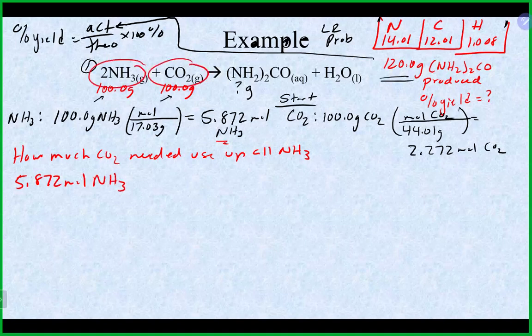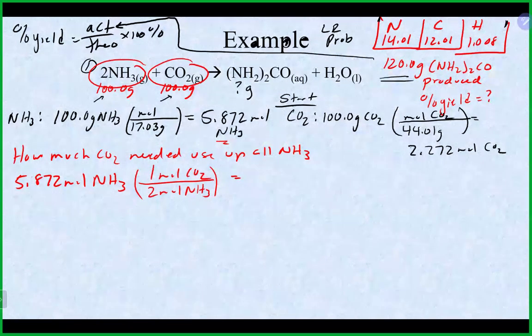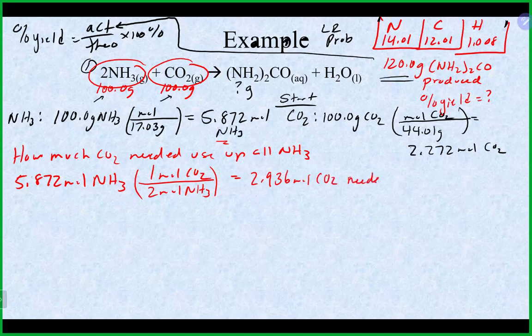From the equation, it's 2 moles of NH3 to 1 mole of CO2. That's going to tell me 5.872 divided by 2, about 2.936 moles of CO2 is needed.